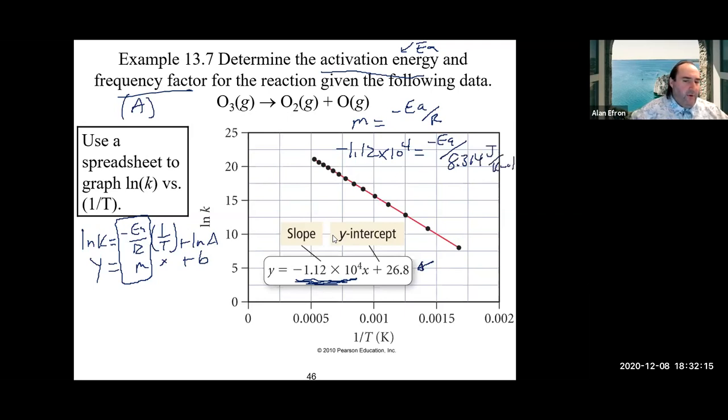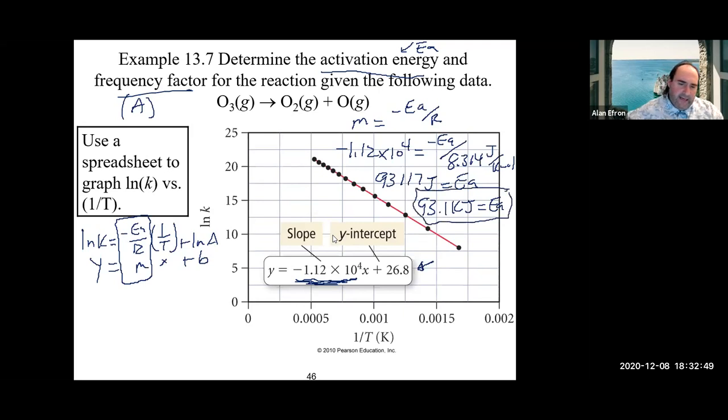We're basically going to multiply the 8.314 to the other side, minus 1.12 to the 4 times 8.314, going to get us something like, we'll call it 93,117 joules. 93,117 joules is equal to E of A. Our activation energy is usually given in kilojoules, so maybe something like 93.1 kilojoules would be our activation energy.